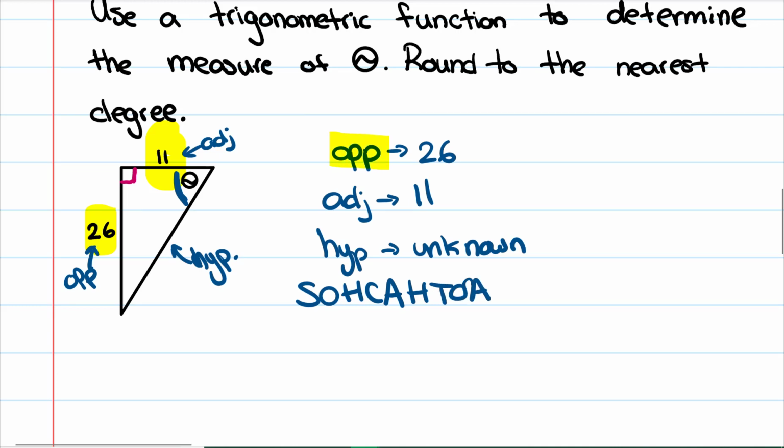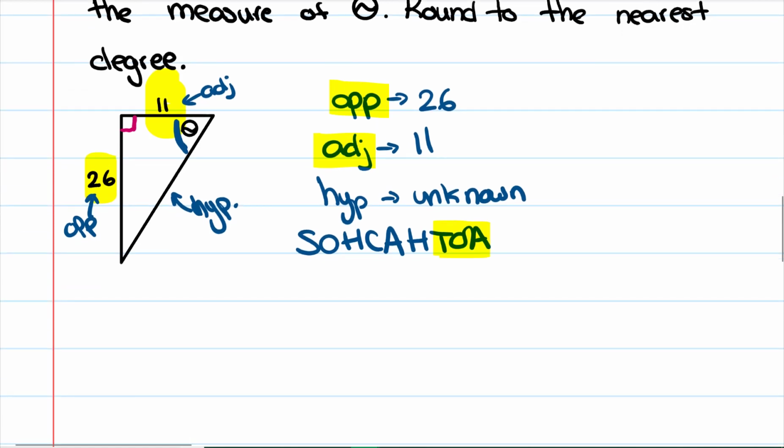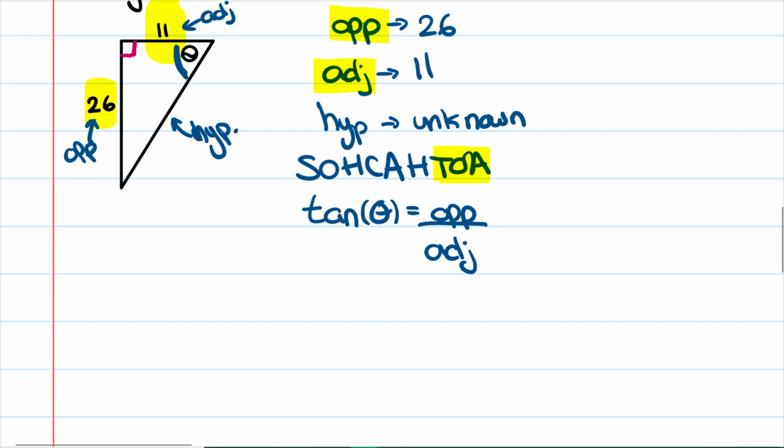I have the opposite and adjacent, so I'm going to use tangent. The definition of tangent of theta is equal to opposite over adjacent. Now I just fill in what I know. So tangent of theta is equal to 26 over 11.